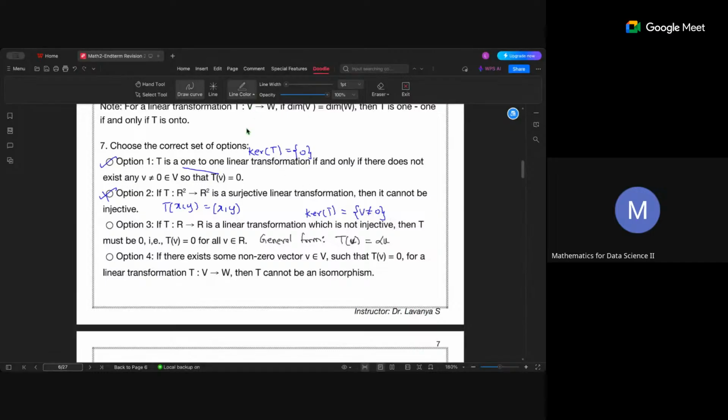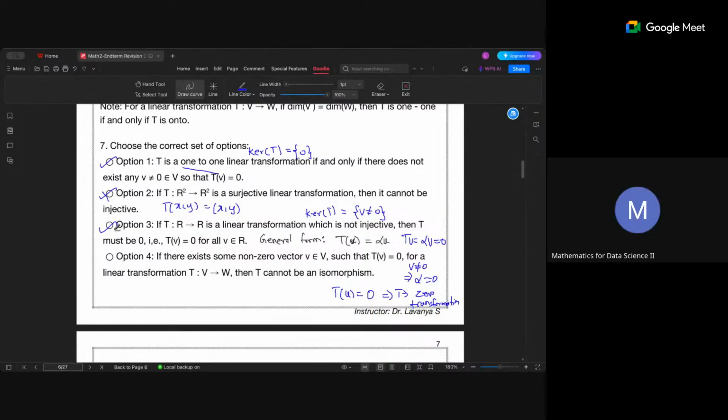It means T of V equals alpha times V equals 0. Since V is non-zero, alpha equals 0. So your T of U is equal to 0, so T is the zero transformation, and T of V equals 0 for all V in R. Clear?